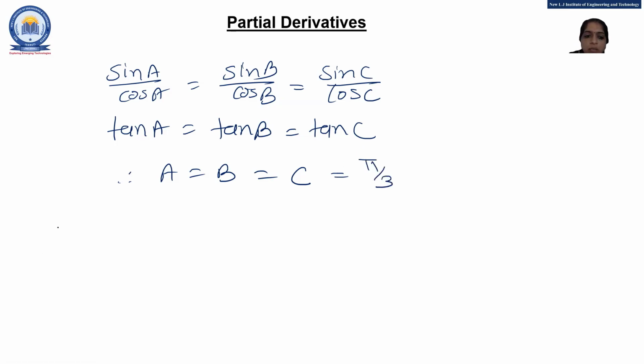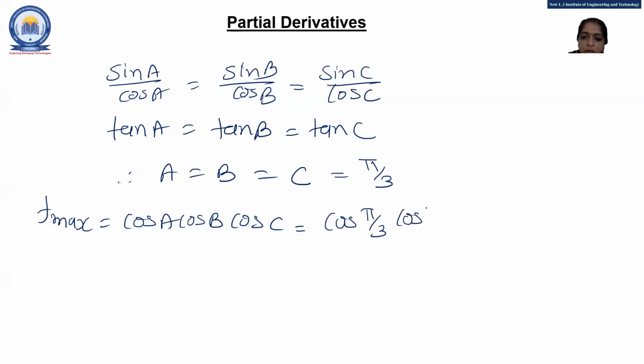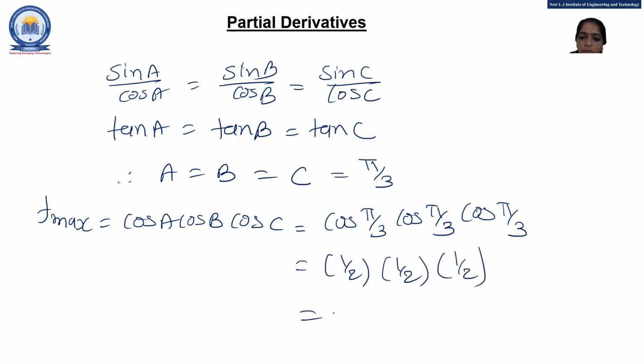So the maximum value of f, that is cos A cos B cos C, is cos pi by 3, cos pi by 3 and cos pi by 3, that is 1 half, 1 half and 1 half. So my answer is 1 by 8.